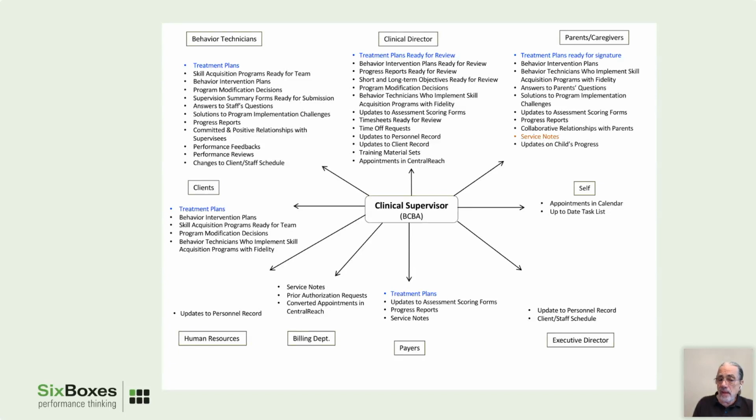And the clinical supervisor, who is usually a board certified behavior analyst, that's what the acronym means, produces a lot of stuff. It's a complex job. So you can see all those outputs in such fine print that you probably can't read them. But we can define the outputs of a job. And that's an anchor, because those are the valuable contributions.